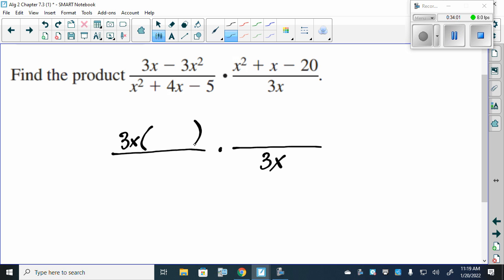And if we factor a 3x out of 3x, we are left with 1 minus what? X. Because the 3 out of 3x squared would factor out completely. And if we remove 1x from x squared, we're left with x.